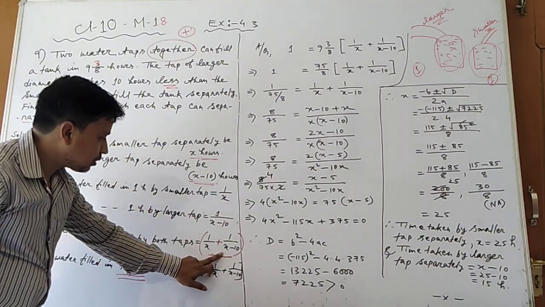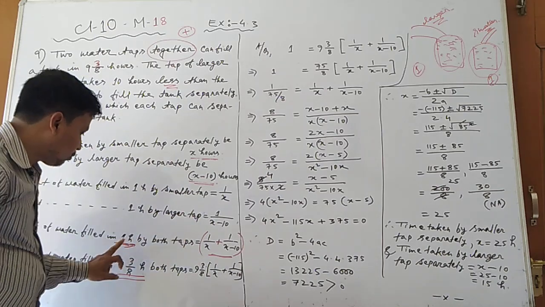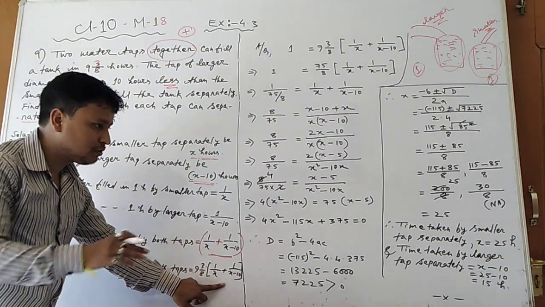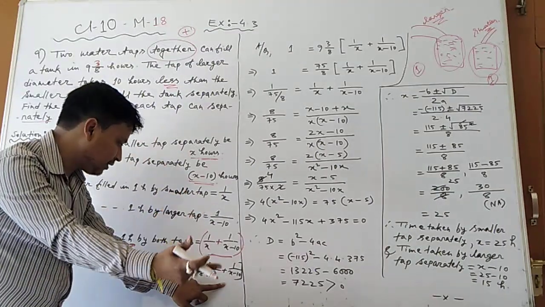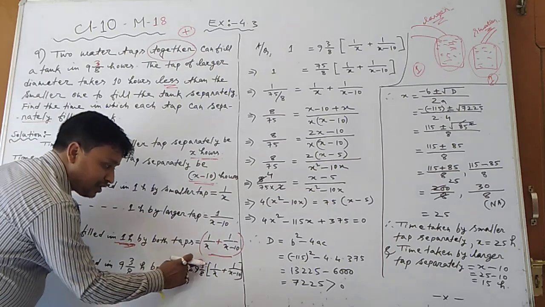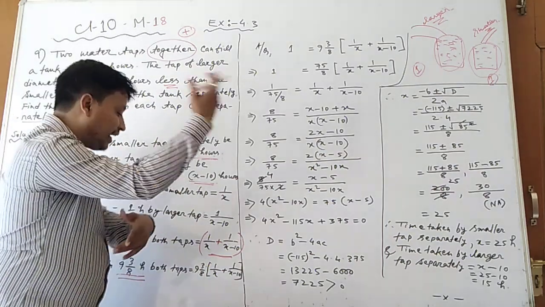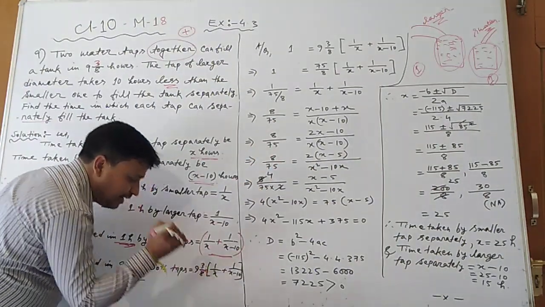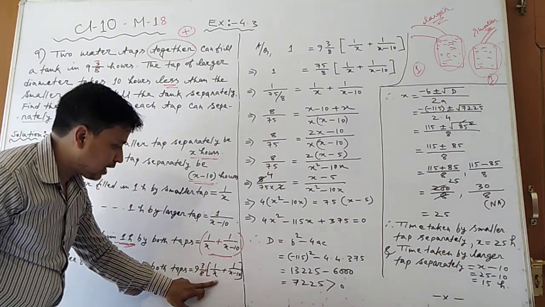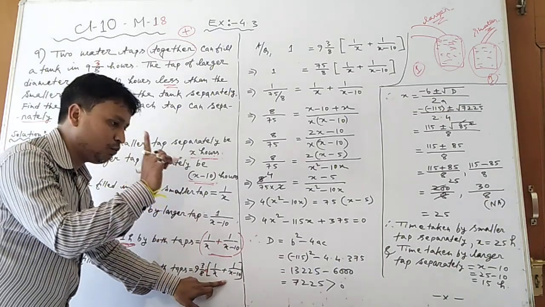It is the total amount of work done by both the taps in 1 hour time, and if time is increased, then the amount of work done also increases. How many times increase? Whatever time is there, 9 3 by 8 hours. Times means here multiplication: 9 3 by 8 times the amount of work done by both the taps in 1 hour.